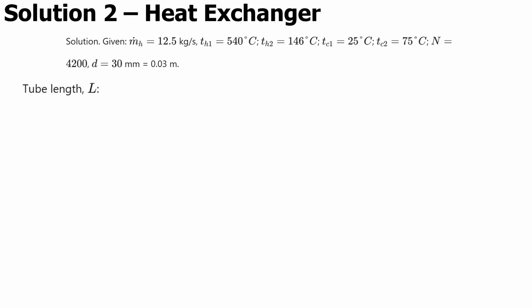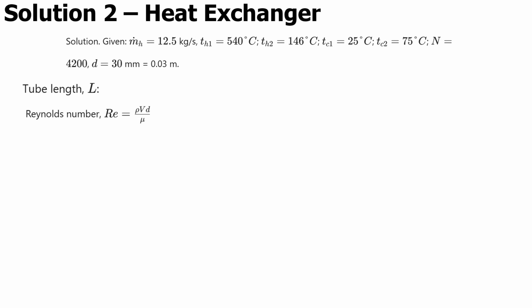The first step is to calculate the Reynolds number, Re. The general formula for Re is equal to rho V D over mu, and we can express rho times V as a mass flow rate per unit area.